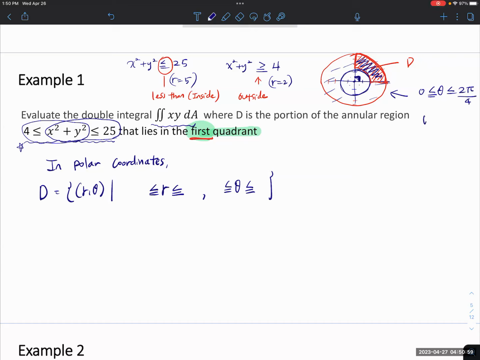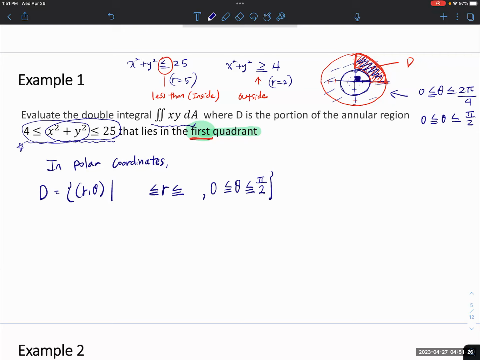So we are looking for theta starting from 0. The angle is going to be from 0 degrees up to 90 degrees. As a radian, 2 pi divided by 4 is pi over 2. So your interval for theta in the first quadrant is 0 to pi over 2.